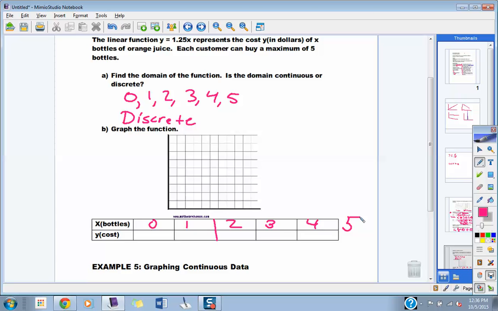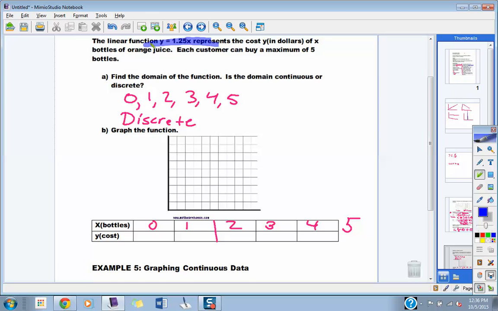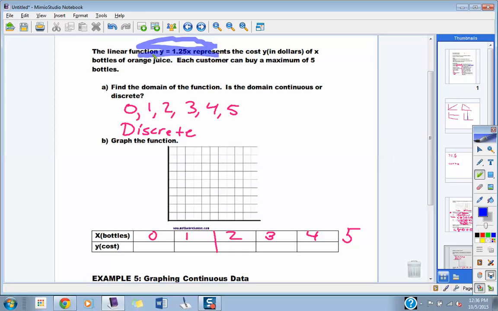Now, up here, these are going to be considered my inputs for the following function. We're saying the cost y equals 1.25 times x right here, where x represents the number of bottles sold. So if I buy 0 bottles, what's the cost to me? $0. If I buy 1 bottle, what's the cost to me?